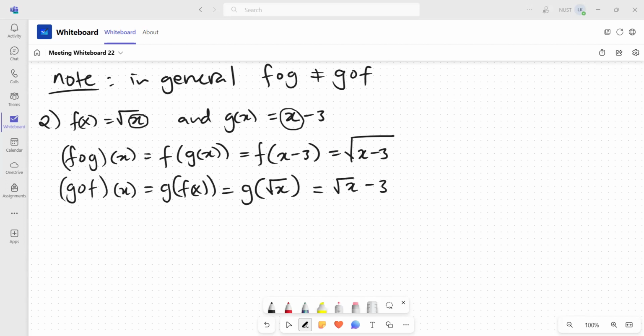Okay, then we have the domain of f of g. Here x must be greater than or equal to 3. And then the domain of g of f, here x must be greater than or equal to 0.